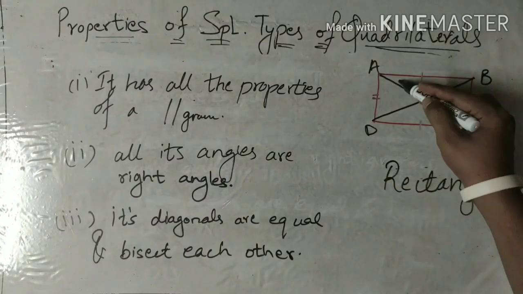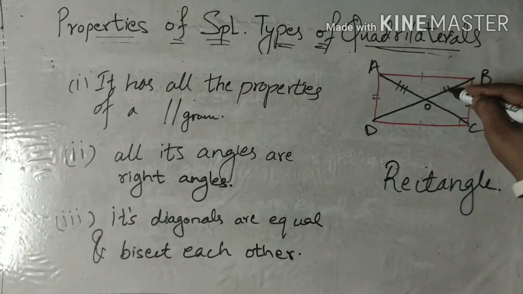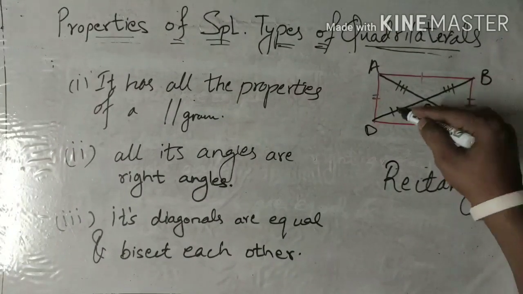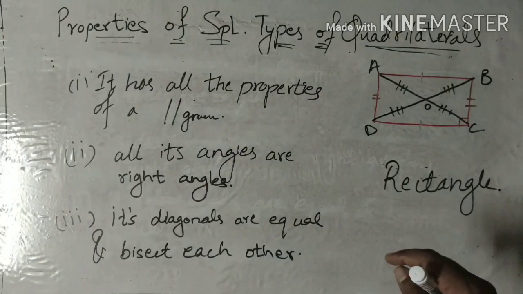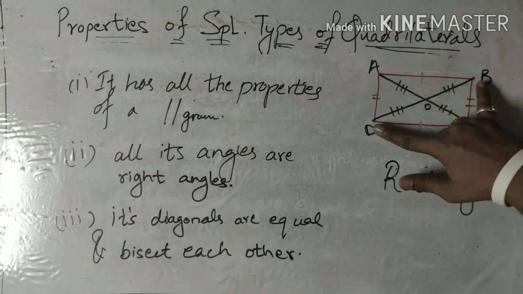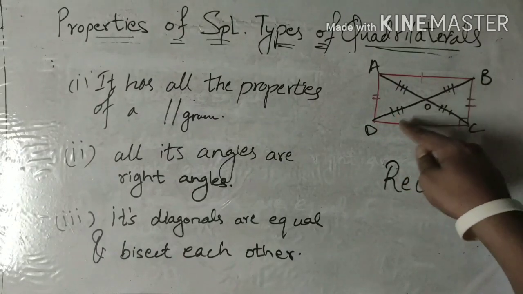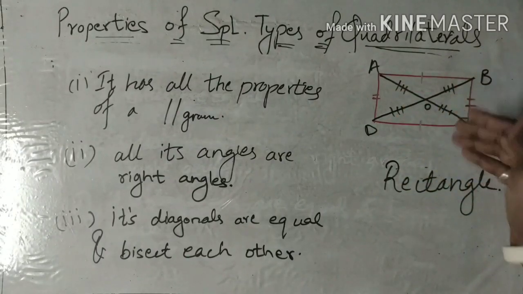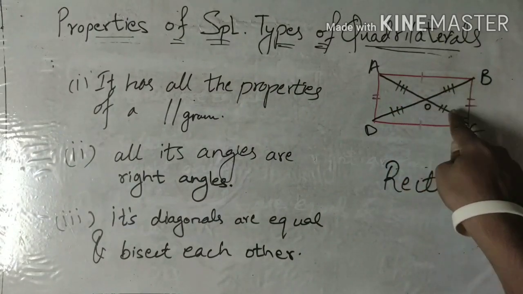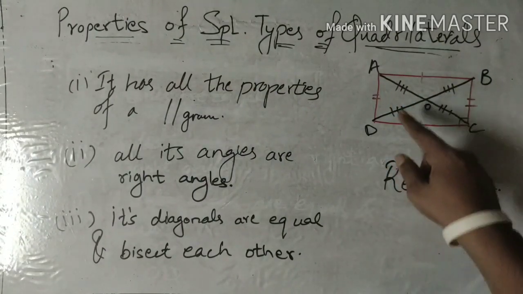That means AO is equal to BO is equal to CO is equal to DO. I repeat, AC is equal to BD, and also these two diagonals are bisecting each other, so their halves are also equal.